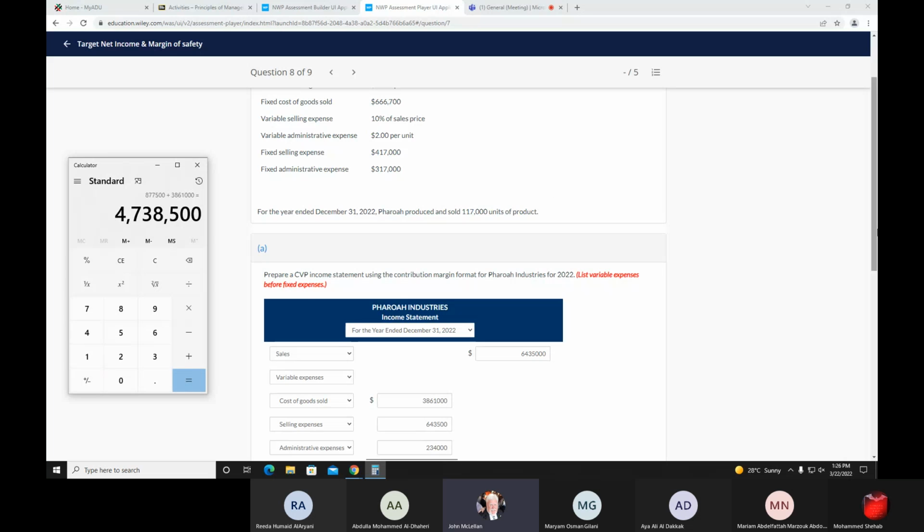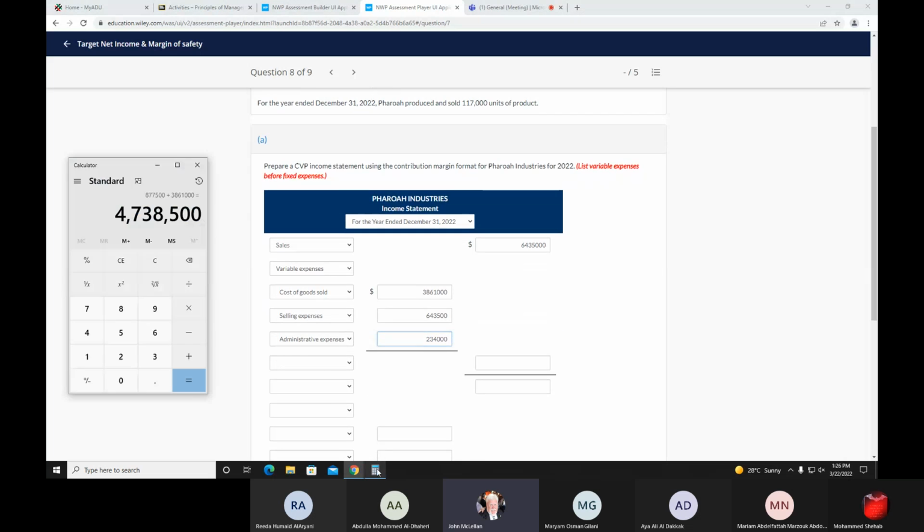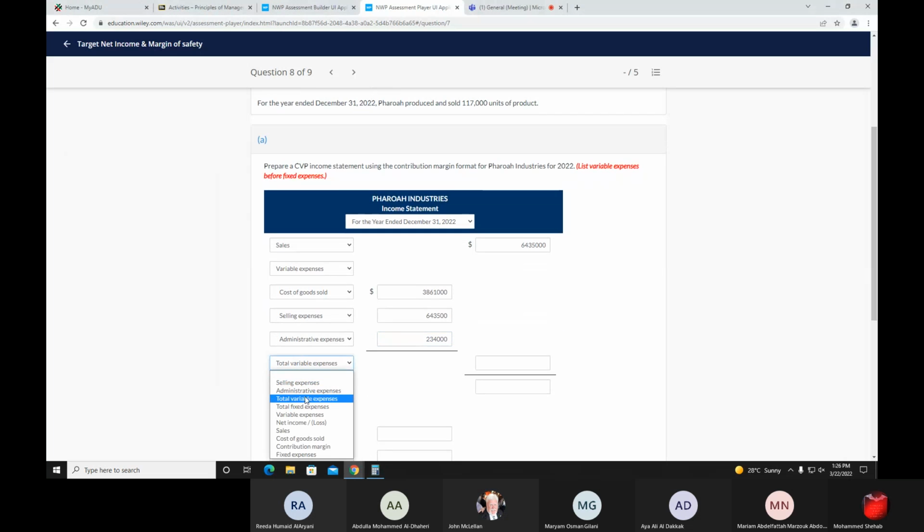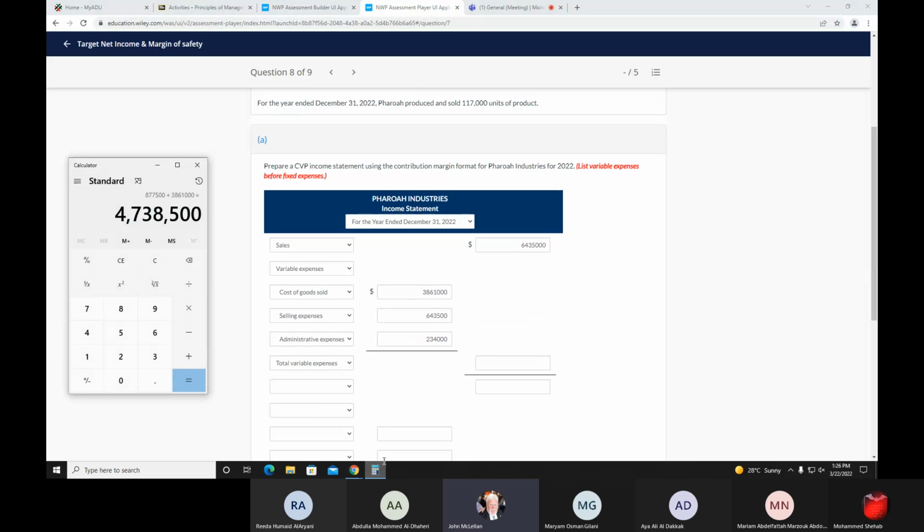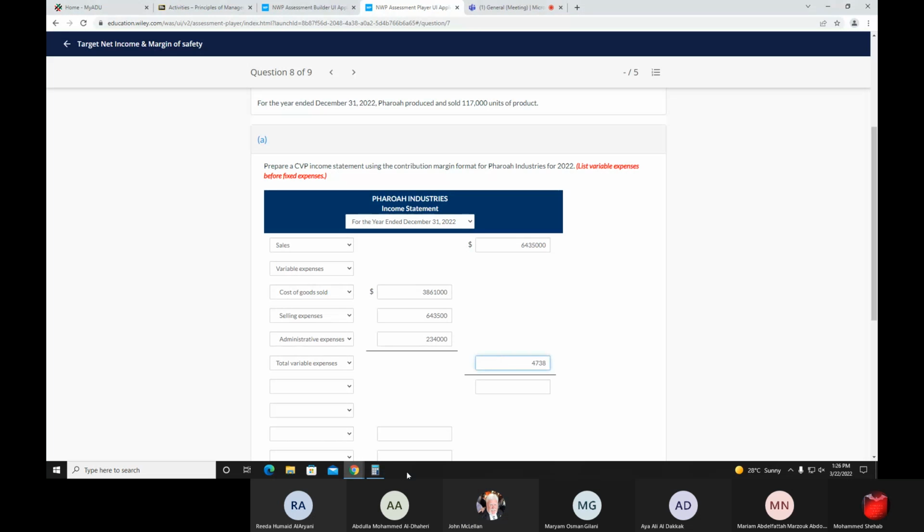Add them up, and you have your total variable costs. Now, subtract that, and you get your contribution margin.